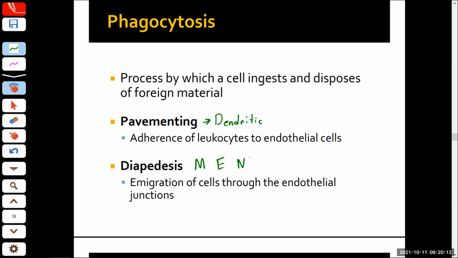Eosinophils are not phagocytic, so that's why I'm putting a line through that. Okay, eosinophils, yes, they are diapedetic, but they are not phagocytes. Neutrophils, are they diapedetic? Yes. Are they phagocytic? Yes. So the only two cells that are both diapedetic and phagocytic are macrophages and neutrophils. Okay.